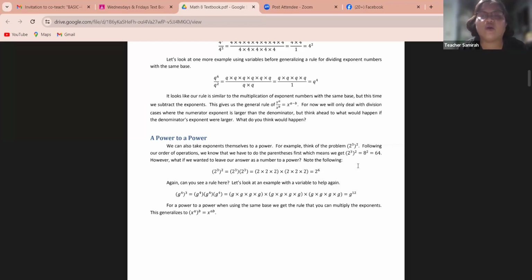Or if you look at it, they simply get the product of 2 raised to the power of 3, which is 8, and then 8 is also raised to the power of 2. So 8 times 8 is equal to 64. But 2 with the power of 6 will also become 64. Why?